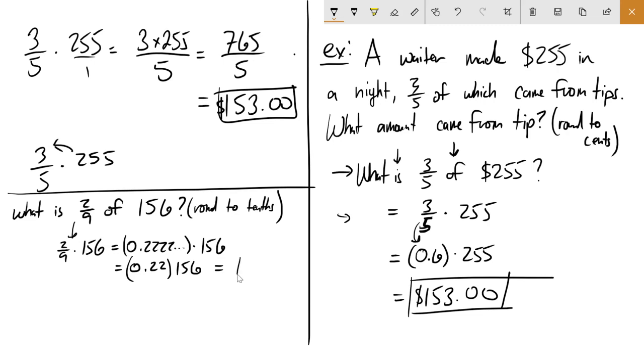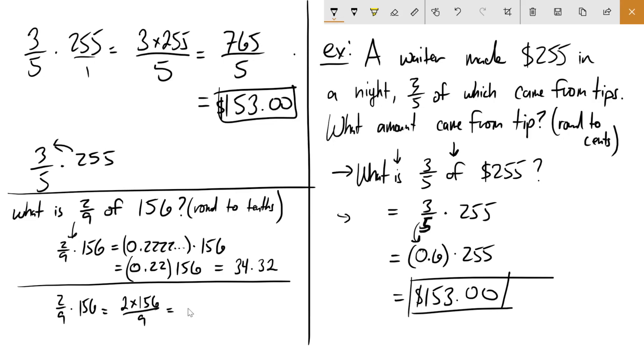34.32. Okay, and that's okay. Now, if you do it the other way, though, this might not make a good example, but what you can do is 2 times 156 and then divide by 9.